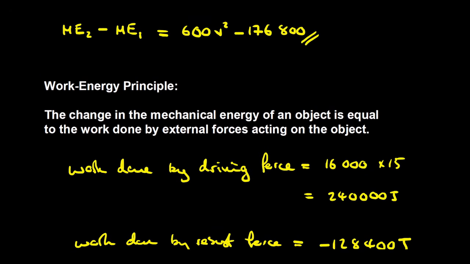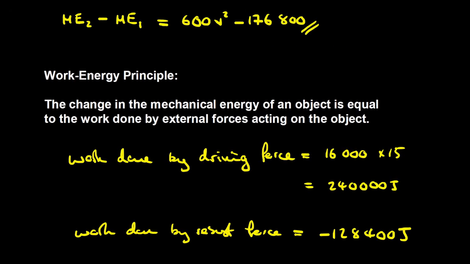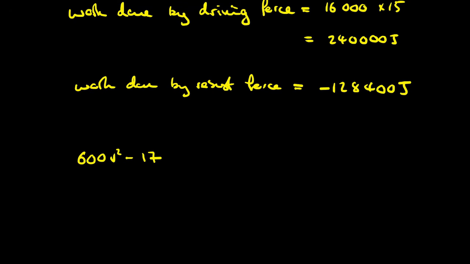We can now say that our change in mechanical energy, which was 600 v squared minus 176,800, is going to be equal to the work done by the driving force to increase that energy, which is 240,000, minus the work done by the resistive forces, which is decreasing that energy. So that's the reason it's negative.